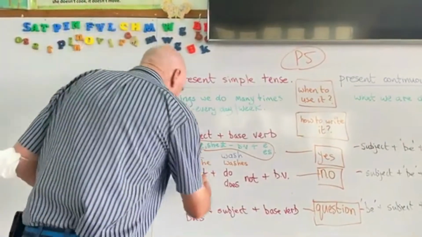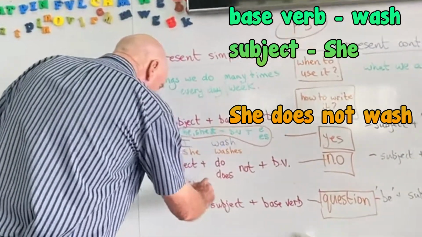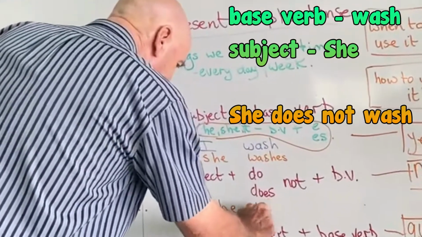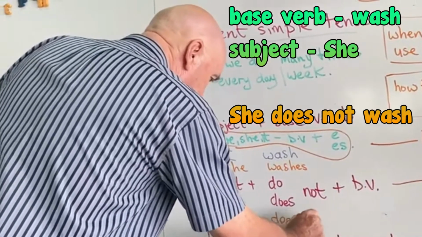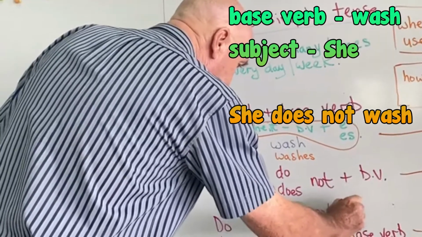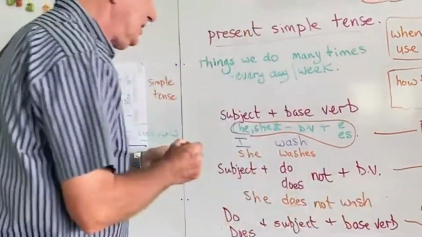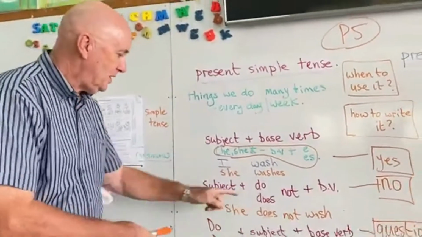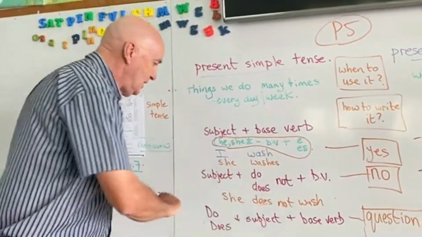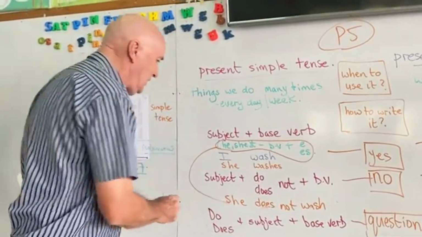So it would be she does not wash. Notice, look, I don't change my base verb because I'm changing do to does.